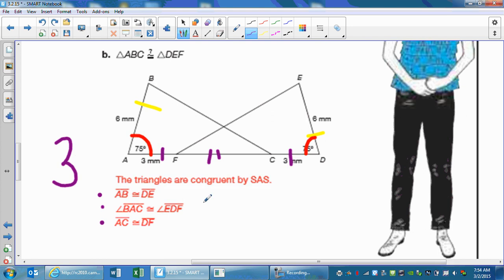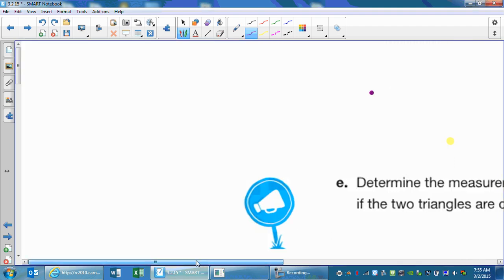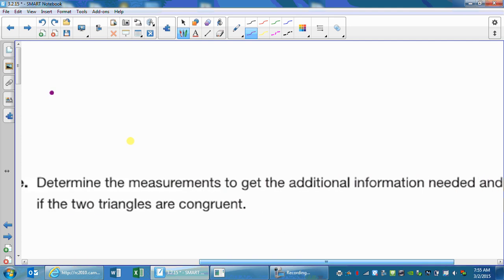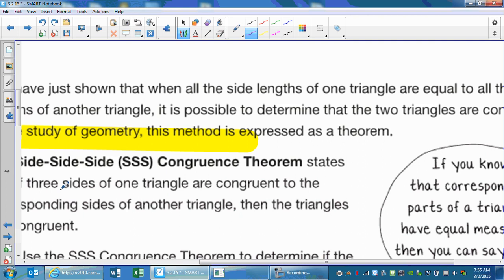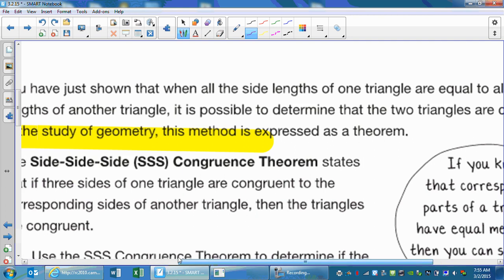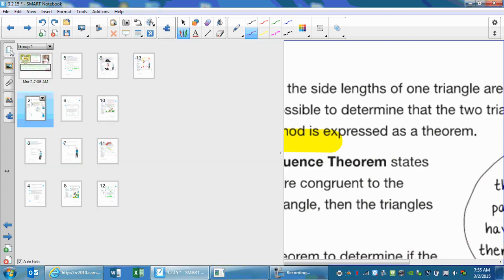All right, so for the homework on the next page, you need to go back and find side, side, side. So on 659 for homework tonight, you need to go back and define in your own words. So don't write this whole thing down. Define it in your own words. Once you define in your own words, included angle.